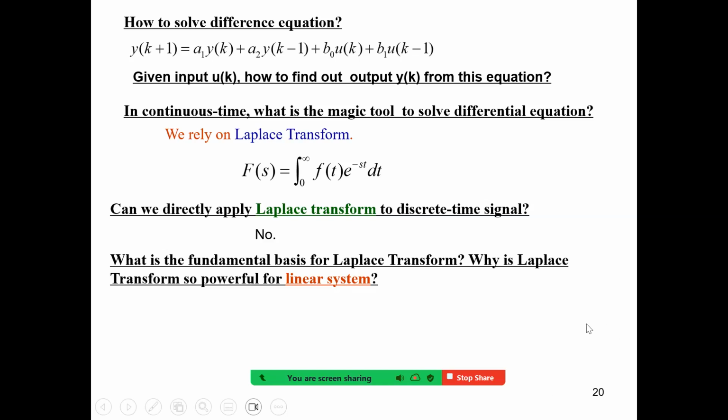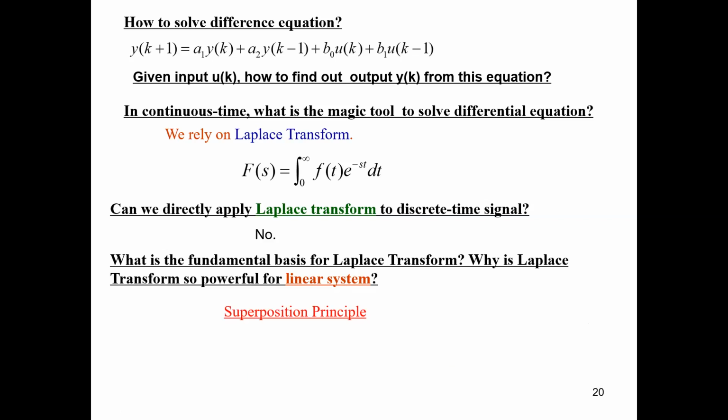So we know it's because of the superposition principle that makes it powerful for the linear system. That also explains why you can use the Laplace transform to only solve the linear differential equation. Cannot use it for nonlinear differential equation. Okay, superposition principle.